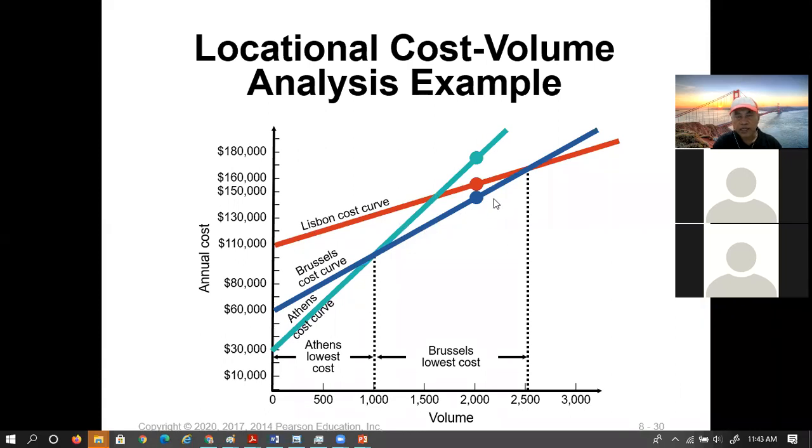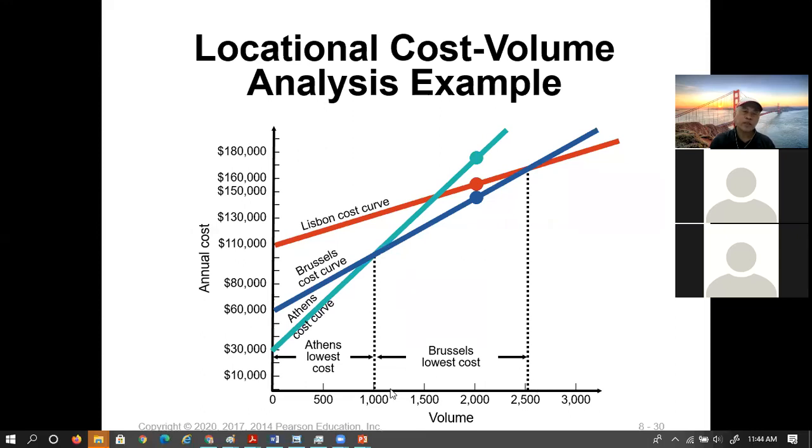But again, looking at the Lisbon curve, when production is more than 2,500, Brussels is no longer more efficient. Lisbon is the much better location if we have production of more than 2,500 units.